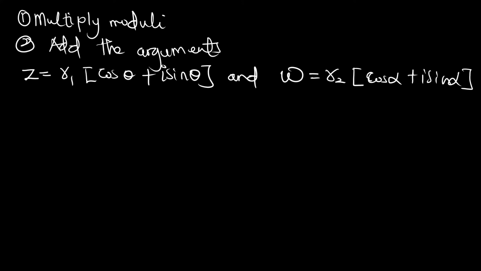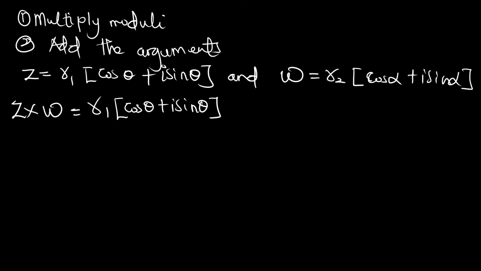If you want to multiply these two complex numbers, z times omega is going to give us r1 (cos theta plus i sin theta) multiplying r2 (cos alpha plus i sin alpha).